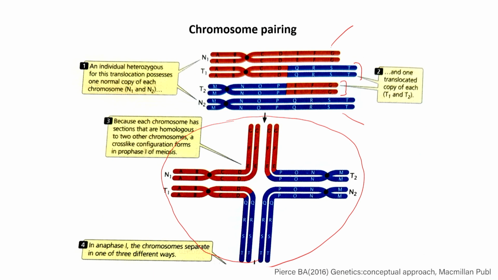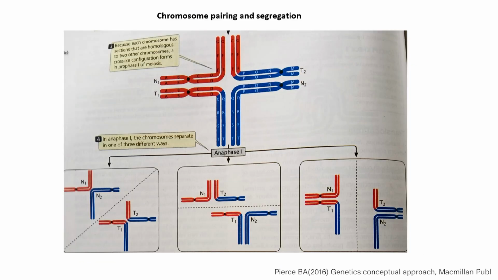When this pairing has occurred, then after that there will be segregation also. If the pairing is between 2 homologous chromosomes, they will tend to separate, and in the process, if there is chiasmata formation, a part of this and a part of the other chromosome will remain together.